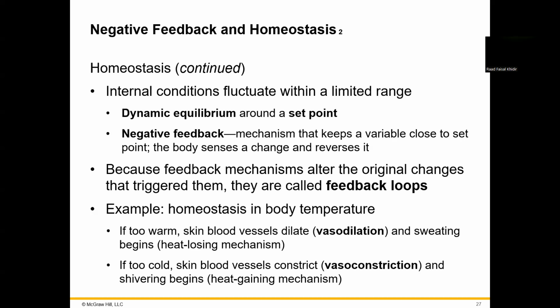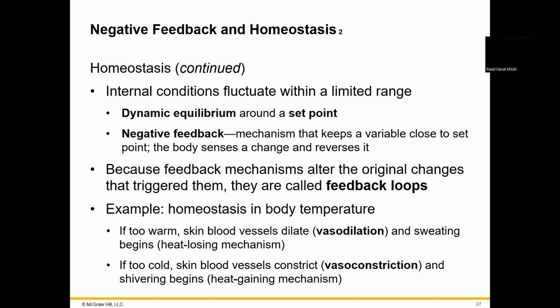Many times it's the brain, but sometimes it's not the brain. And then the brain is going to generate an output, and the output is going to go to the effector. And the effector is going to restore the homeostasis.